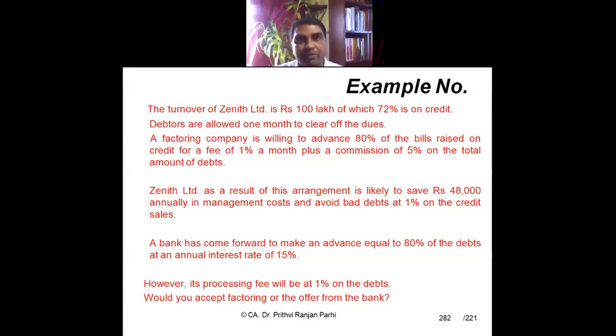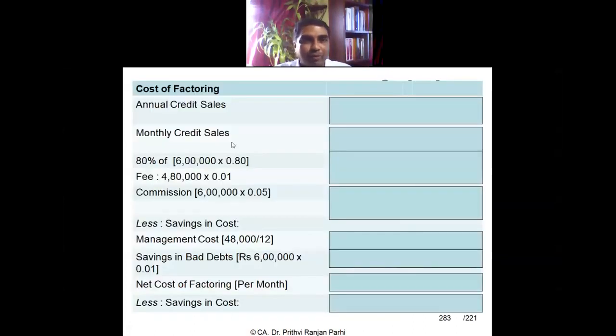So, friends, what we will do? We'll see there are two options: whether we'll go for factoring or whether we'll go for a bank loan. Both ways we can do it; whichever is beneficial, we have to do. So, how to solve, I am going to show you the format. You have to calculate what is annual credit sale, what is monthly credit sale, what is 80% of that, how much fee is to be charged, how much commission is to be charged.